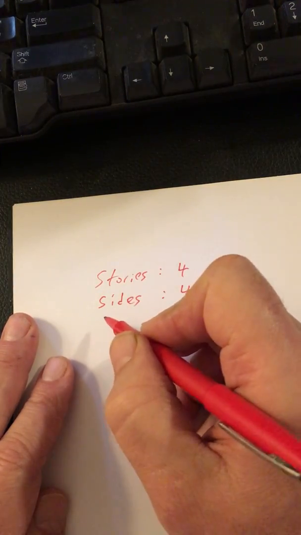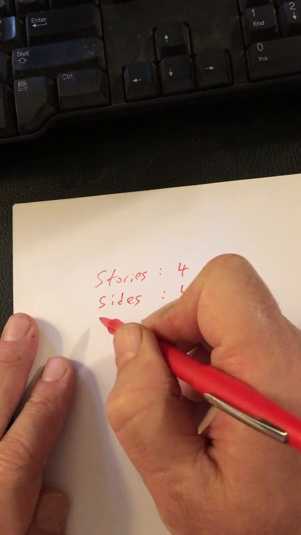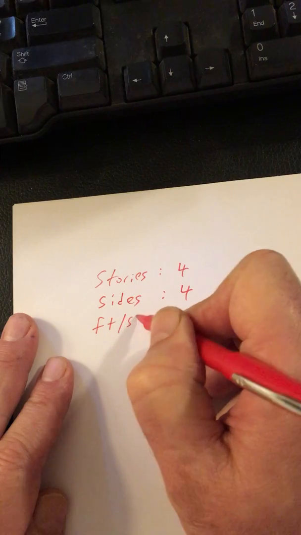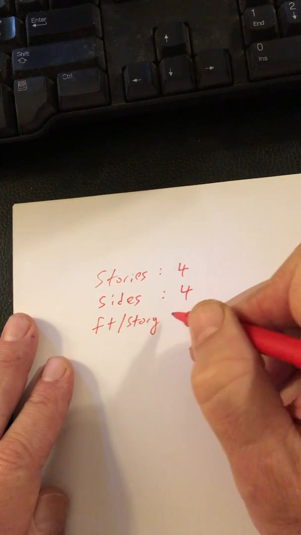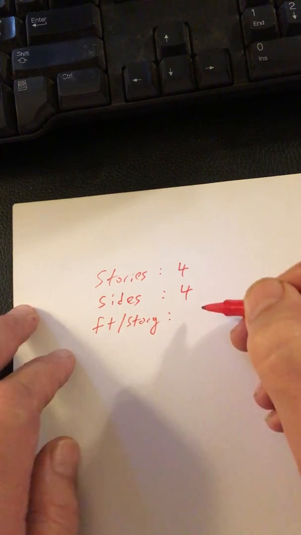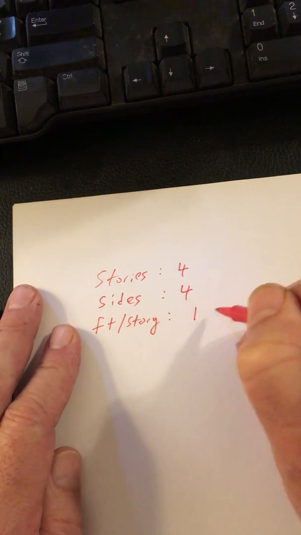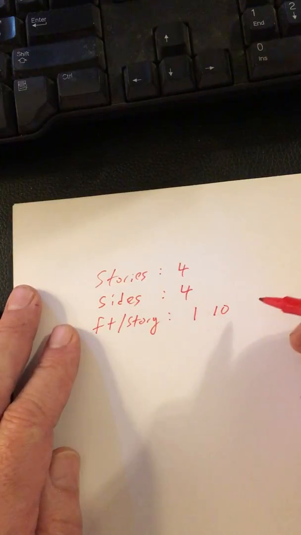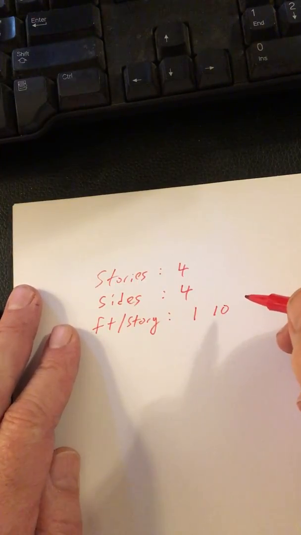We also know from just general construction knowledge in the U.S. that the number of feet per story is pretty close to a power of 10. And here's where I'll use my first estimation technique. I'm going to write down powers of 10 that are in the general vicinity of what might be reasonable.